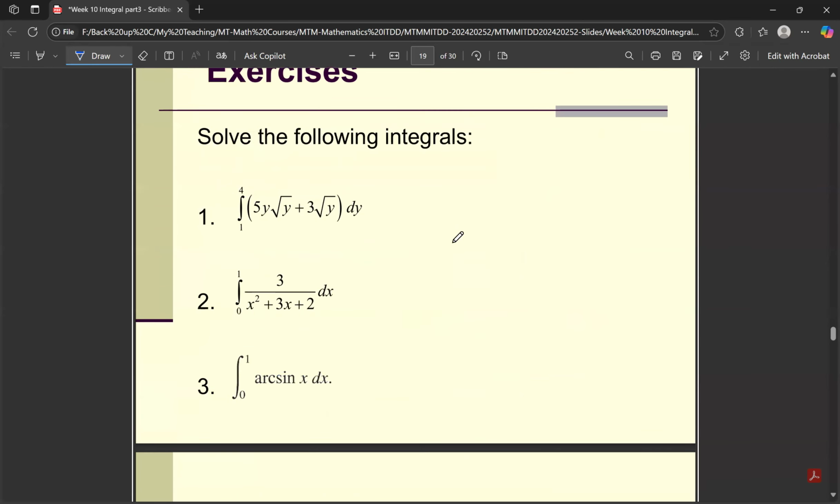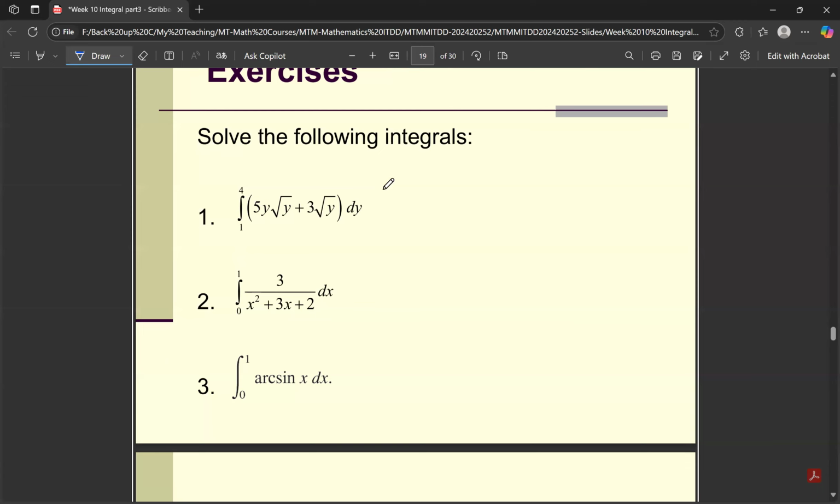Okay, so the exercise can be done by yourself. I just make some tools for you. This is an irrational function. You can make it become a power of the function to make it easy for you to compute.